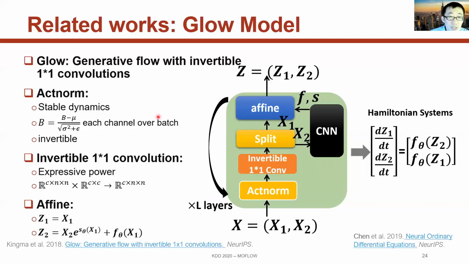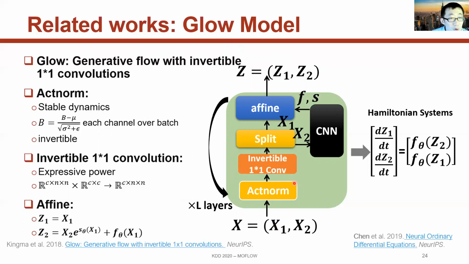Later, the state-of-the-art performance in the CV community was achieved by the GLOW model. GLOW introduces two more layers to make it more powerful. The first one is ActNorm, a normalizing layer that makes the learning dynamics more stable, and which is also an invertible transformation.